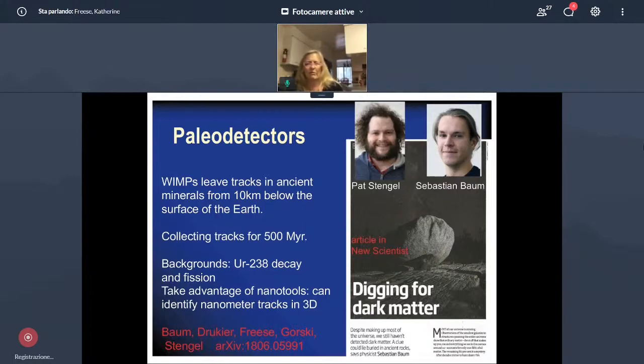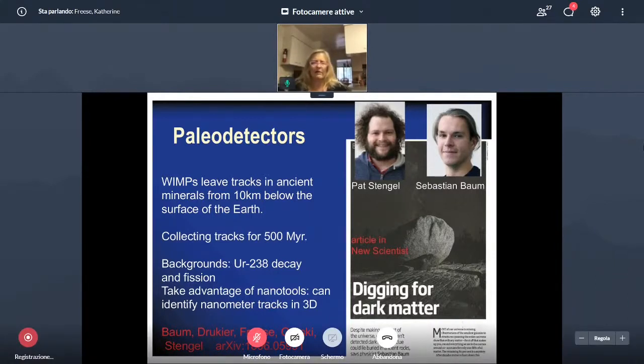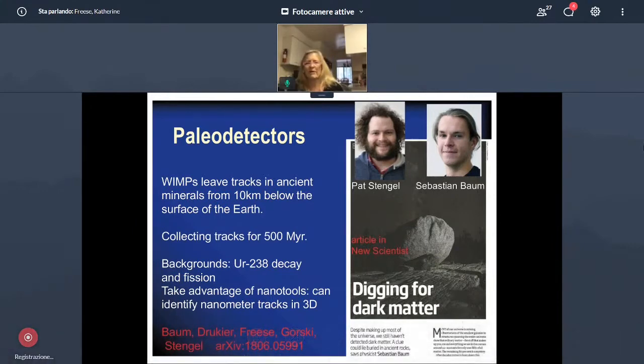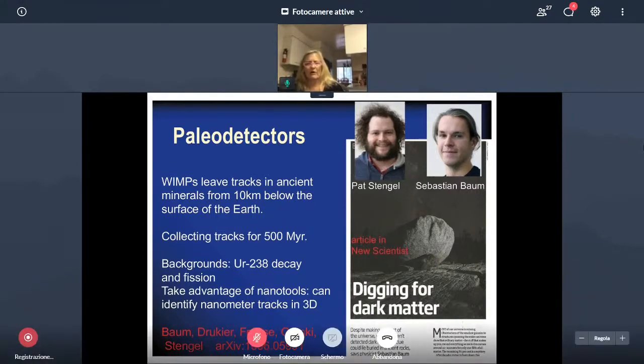And so if you had WIMP tracks due to WIMP decay, then you could, in principle, find those. The thing that has changed nowadays is that we have nano tools that can identify nanometer resolution tracks in 3 dimensions and differentiate. The big problem is uranium decay and fission. If you can get rid of those backgrounds, then you're good.